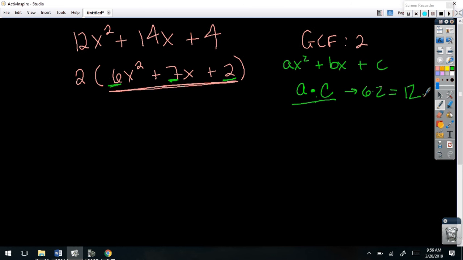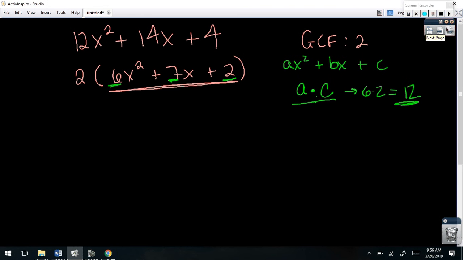Okay. Here's the hardest part of factoring. You have to find 2 numbers. This is the hardest part, so stay with me. 2 numbers that multiply to 12 but add to 7. 4 and 3.